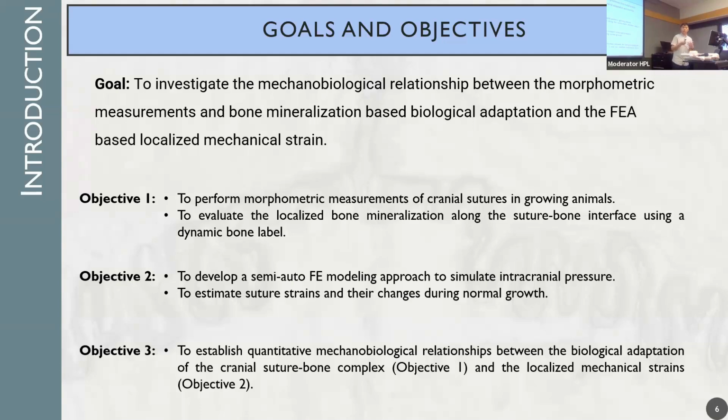The first was to perform morphometric measurements and evaluate bone mineralization along the suture bone interface. Second was to develop a finite element modeling approach and estimate suture strains and how they change over time. Finally, to combine the outcomes of these two objectives and establish the mechanobiological relationship.